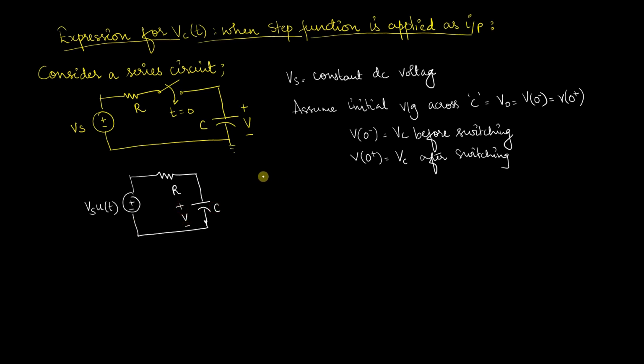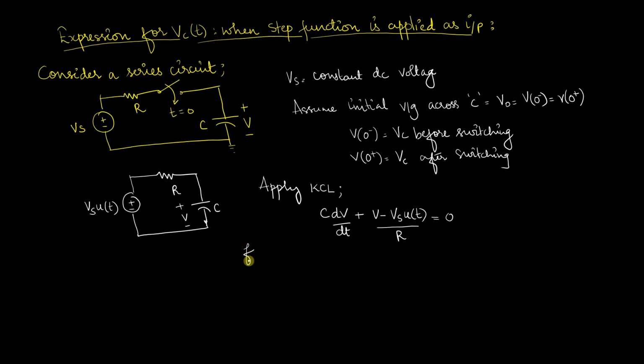Let me apply KCL to this particular circuit, and I can write this as C into dV by dt plus V minus Vs into u of t, divided by R, is equal to 0.